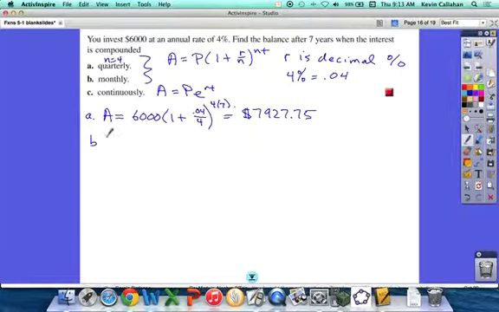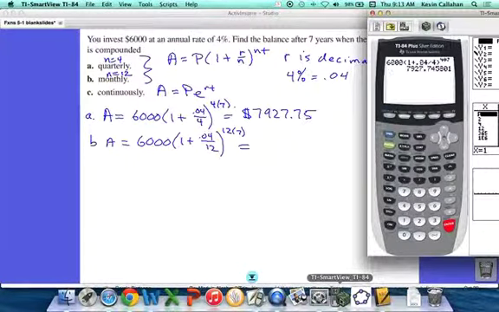If I go to B, that's going to be monthly compounding. So what is the only thing that changes in our formula? The n is 12. 12 times 7. Again, you go back to your calculator, and I'm not going to do the whole formula. I'm just going to bring it up and type right over the top of it.